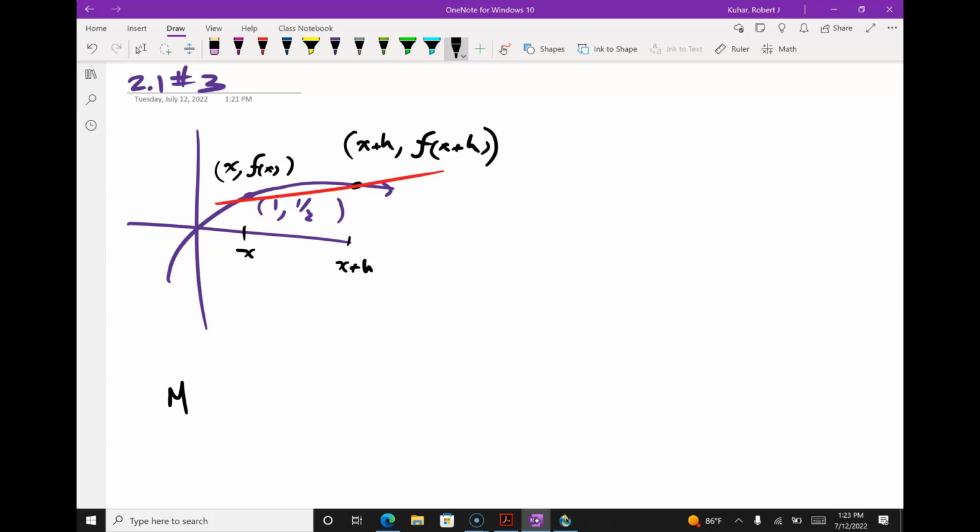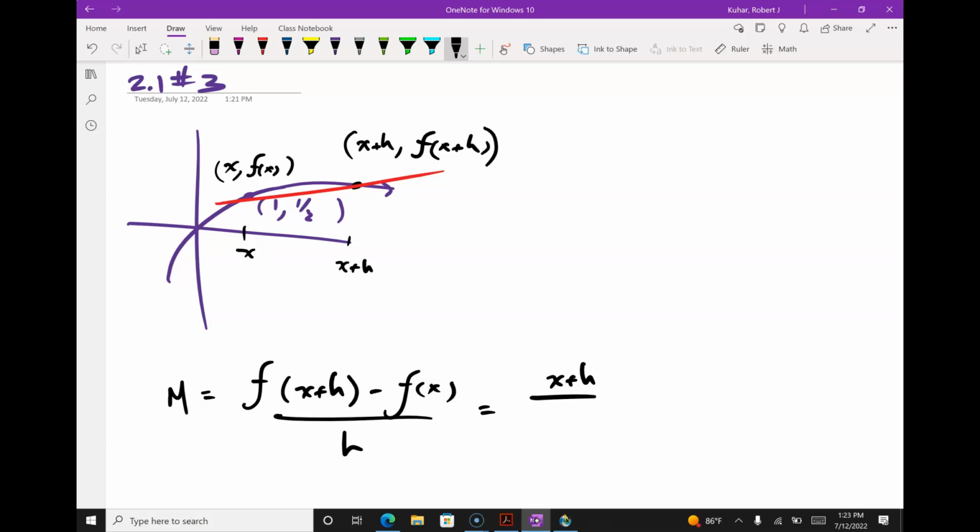So I want to figure out my slope. It's f of x plus h minus f of x all over h. We already figured that out. But f of x plus h is x plus h over 1 plus x plus h. And f of x is x over 1 plus x, all over h. Yes, you with me? So notice what I did there.